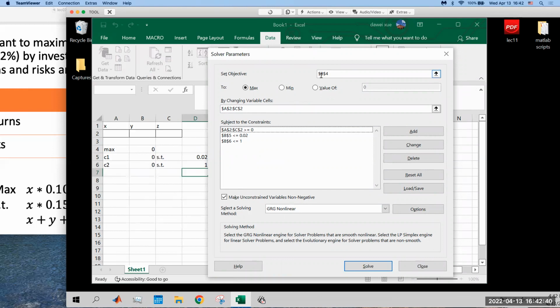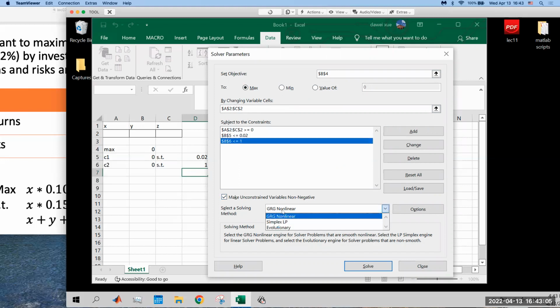We want to maximize the objective function. This function is represented by cell B4, and we want to maximize it by changing the variable cells A2 to C2, and we also have 3 constraints listed here.